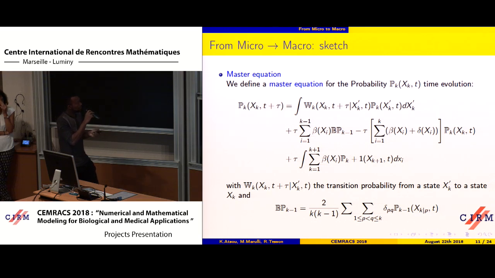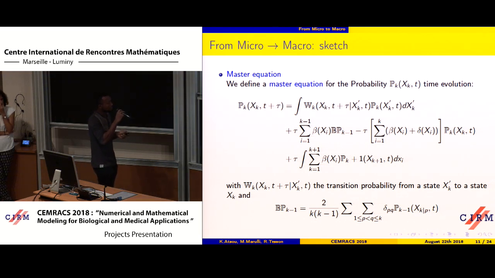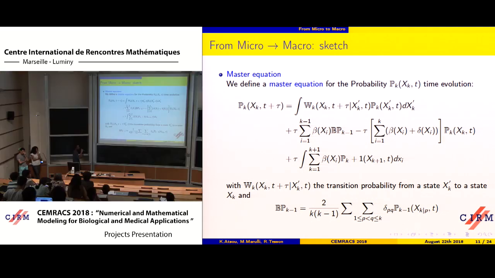Now, this birth operator is used to describe the process of birth from a configuration with k minus 1 cells to a configuration with k cells. This delta function here is a Dirac, which means that a parent cell gives birth at its position.